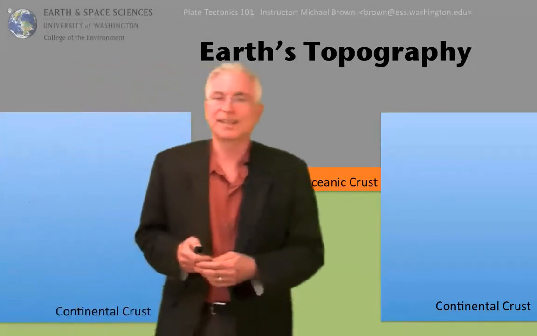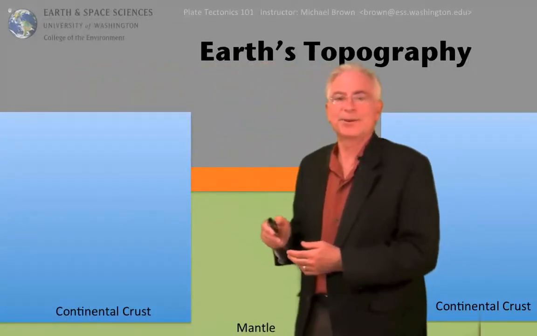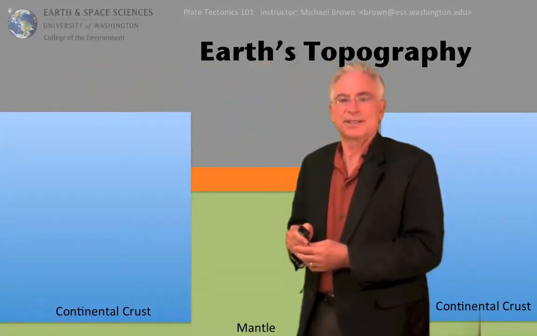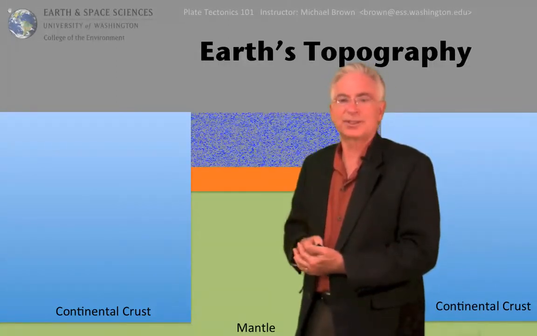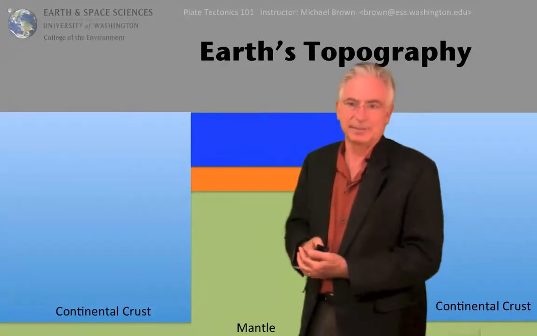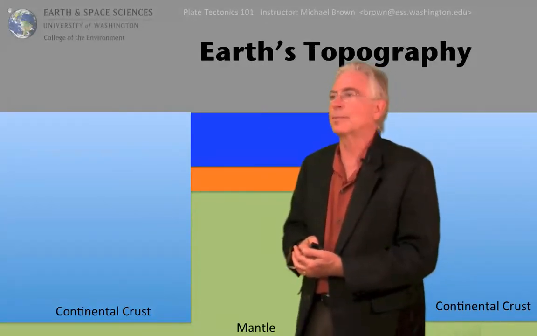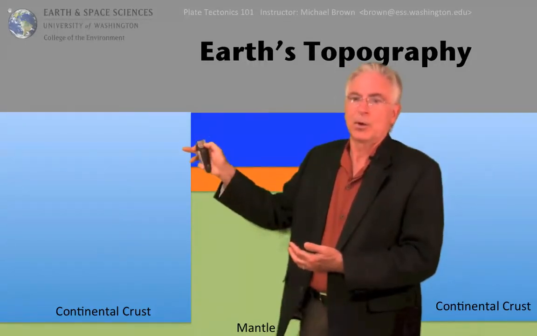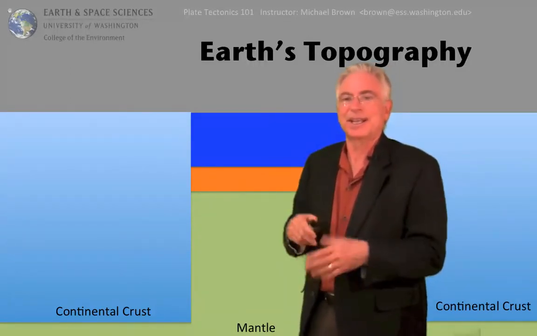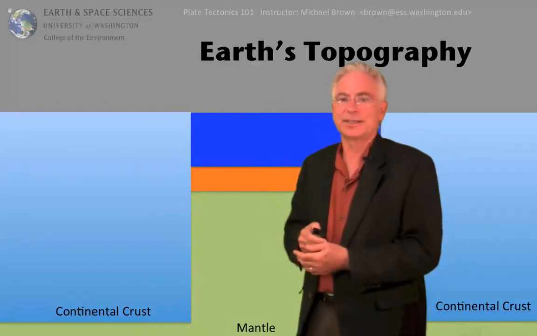Now finally, if I step over here and put in another chunk of continental crust, you see we have a basin between the two crustal sections. That basin can conveniently be filled with water to form an ocean, and thus we have water overlying oceanic crust and land in regions of continental crust.